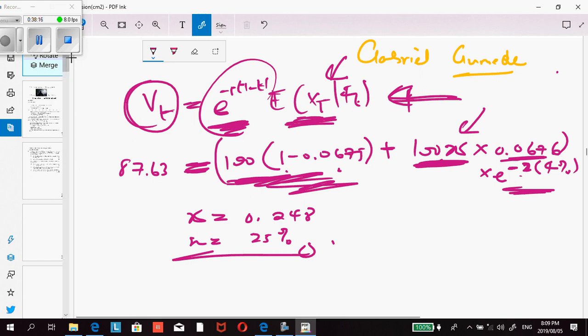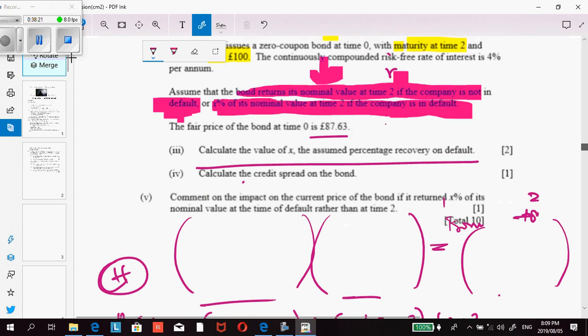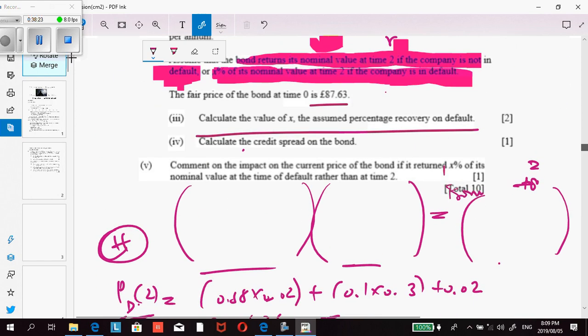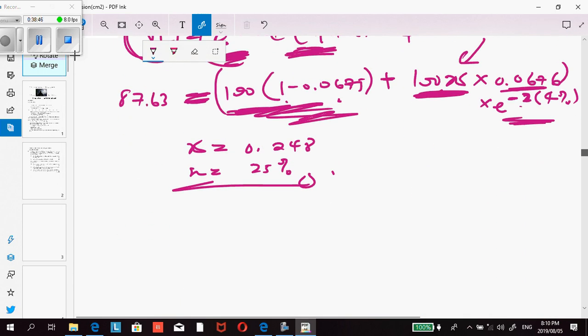Now, our last question here says, calculate the credit spread on the bond. I've been explaining this. Your credit spread on the bond is, sorry, the redemption yield on the bond minus the risk-free rate. So how do we calculate the redemption yield on the bond?